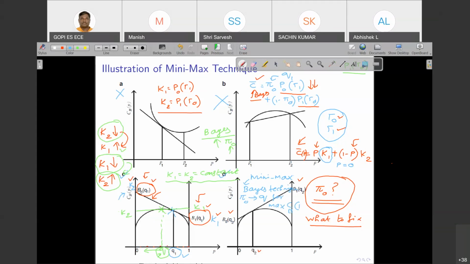That is the better way to, right? So instead of pi naught, I will put it as P, because here given P in the figure. I repeat, Bayes cost.